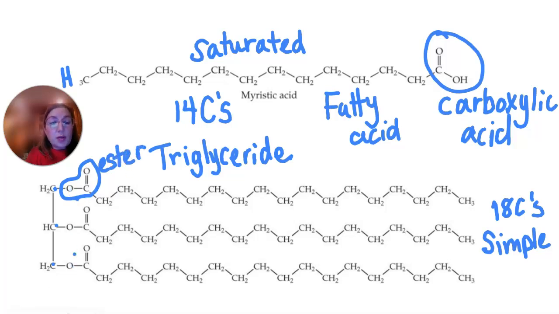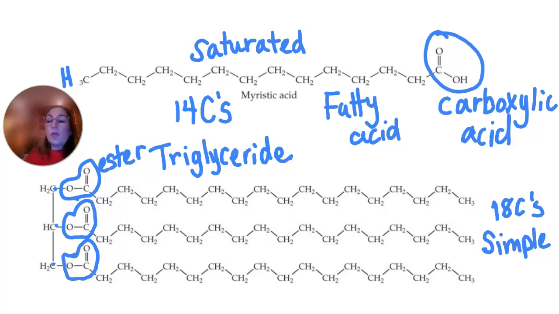So each carbon is followed by an ester, 3 esters, and then each ester is followed by 16 CH2s and then a 17th CH3, and the 18th carbon is in the ester group. So it's repeated 3 times. We've got these long fatty acid chains on our glycerol backbone, making this a triglyceride.